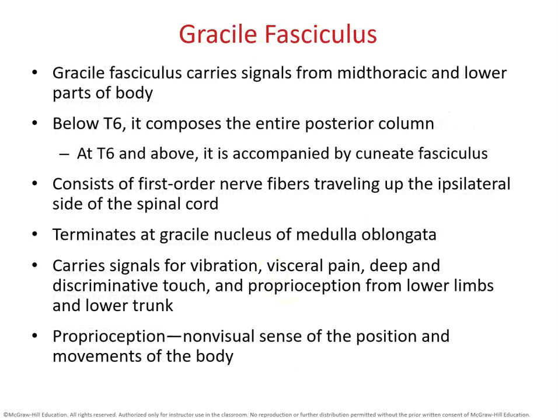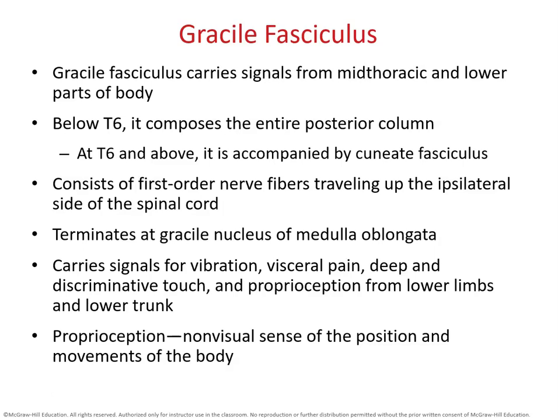So now we're going to talk about some of the individual tracts of the spinal column. The first one, which is a little hard to pronounce, is the gracile fasciculus. This carries signals from the mid-thoracic, so the middle part of your rib cage, and from the parts of the spinal cord below that, so from T6 and down. This is the lowest or most posterior part of the column, and it integrates with the cuneate fasciculus, hard word to say, at T6.